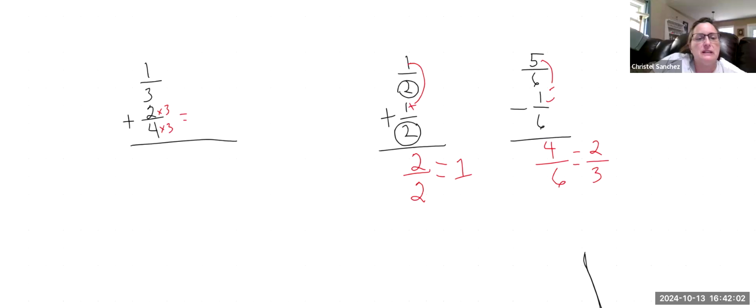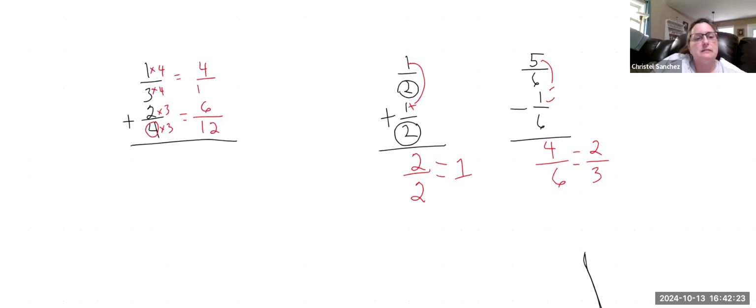And 4 times 3 is 12. Now, I'm going to take this other denominator and multiply it times the 2 top numbers. So 4 times 1 is 4. 4 times 3 is 12.